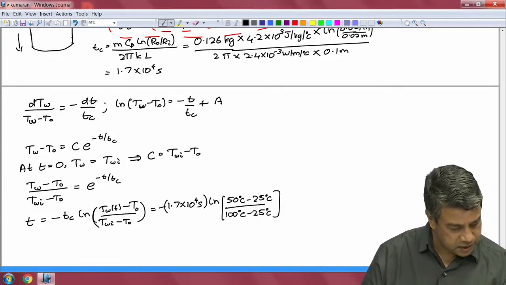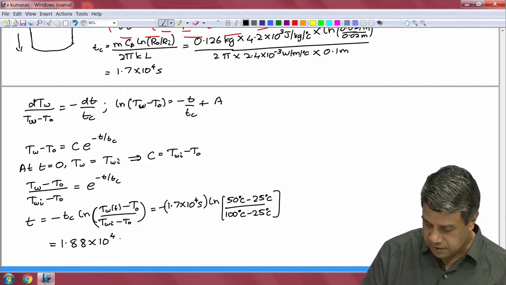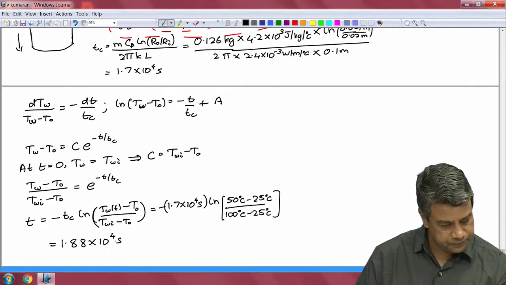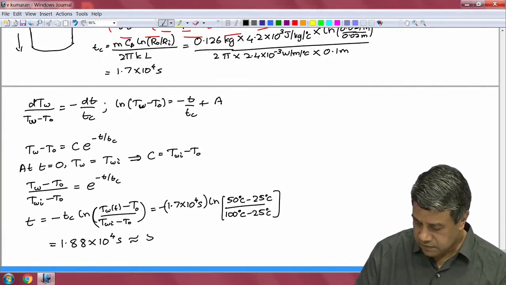And you can do this calculation to get approximately 1.88 into 10 power 4 seconds, which is approximately 5.2 hours.